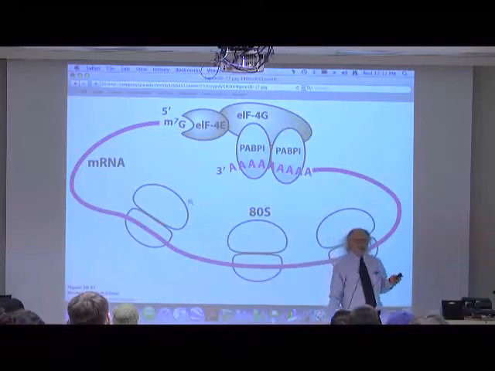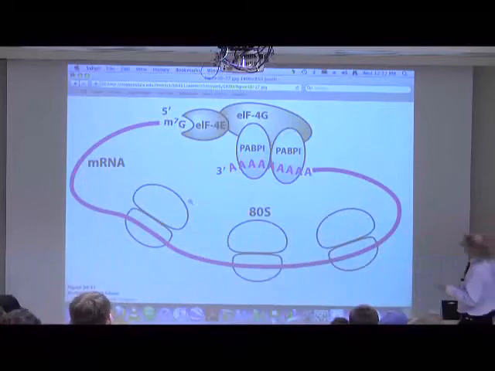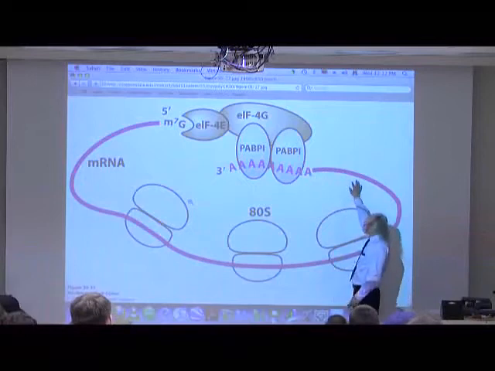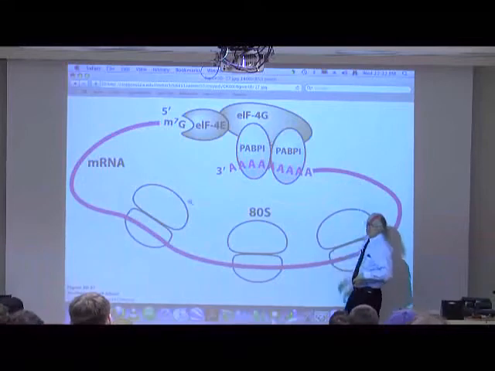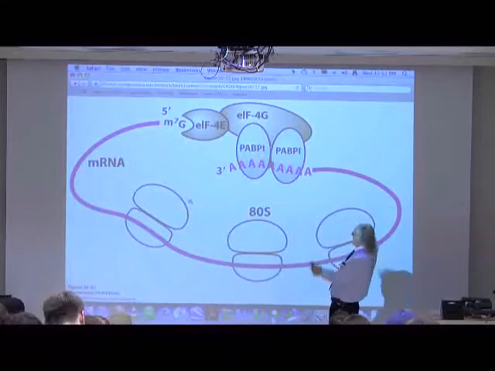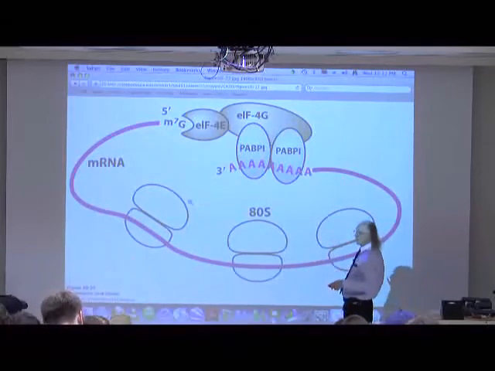Okay? And the apparent importance of the circle is that when the ribosome comes apart after it hits the stop codon over here, it doesn't have to travel very far to get over here to find the start codon. If the tail is just hanging off and it's not in close proximity, then when this guy releases, it could go anywhere in the cell.